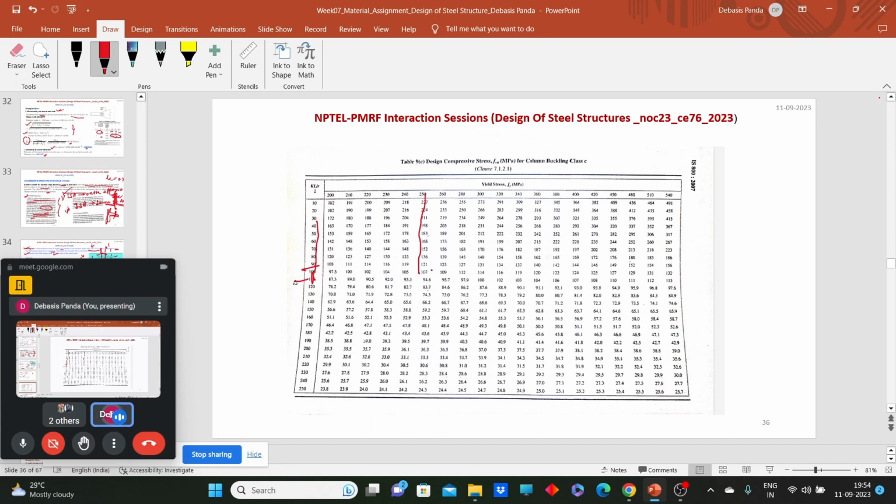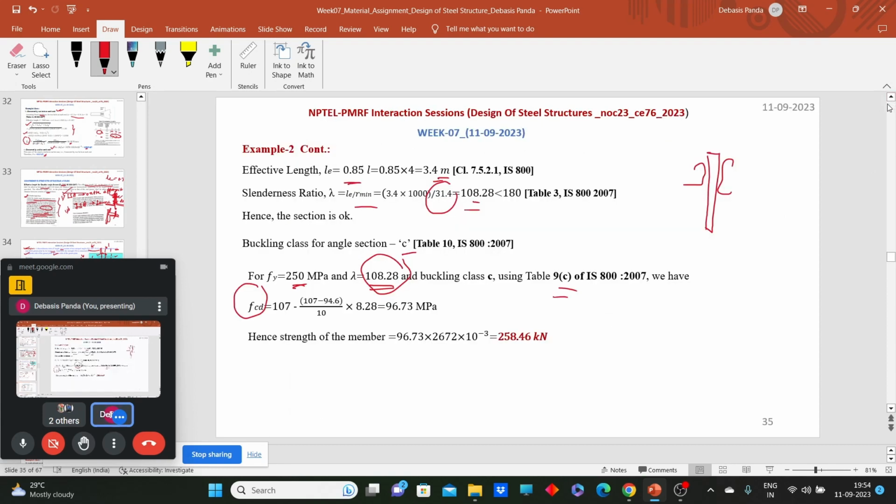Take the values at 100 and 110 and interpolate, and then you can calculate the value of fcd. The fcd value comes as this. What will be the design strength or load carrying capacity? That will be nothing but the stress multiplied by the area.